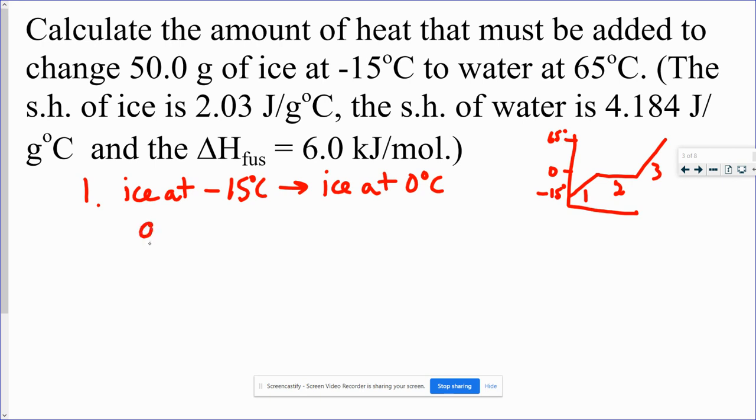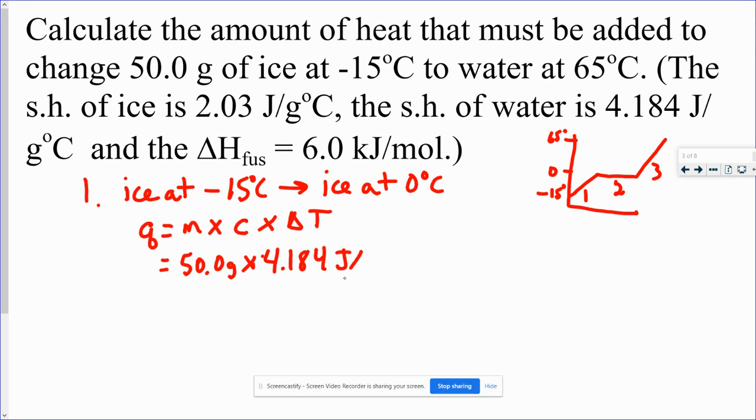Okay, so ice at minus 15 to ice at 0. Since the temperature's changing, that's my Q equation. Q equals mass times specific heat times change in temperature. So plugging that data in, I have 50 grams of ice. The specific heat of water is 4.184 joules per gram degrees Celsius.